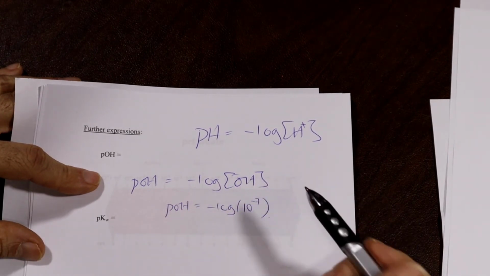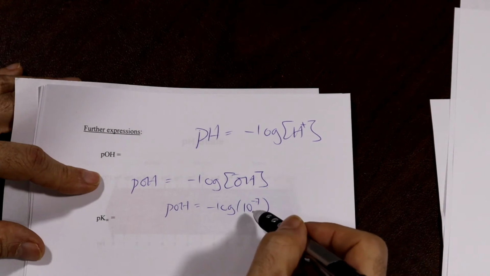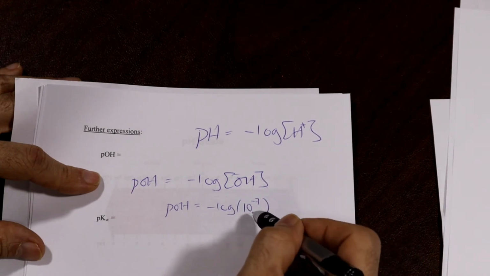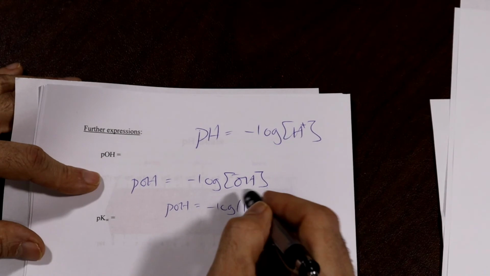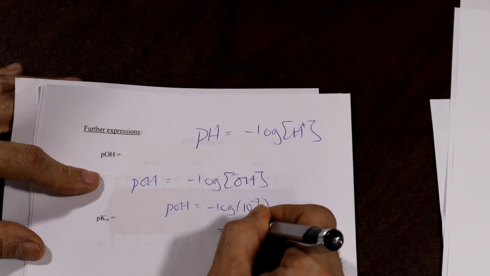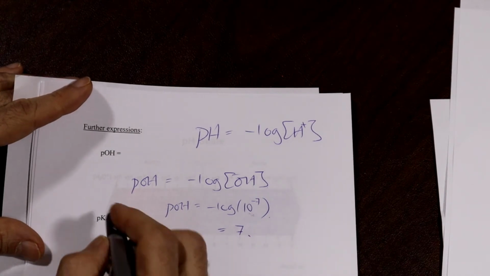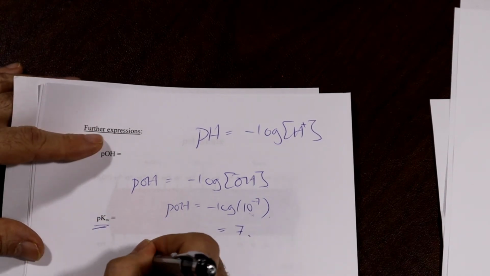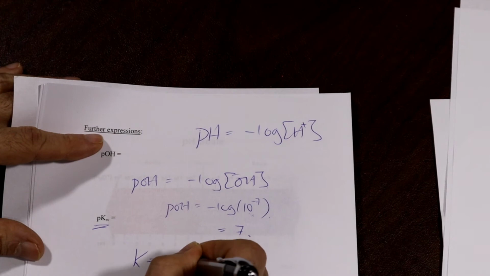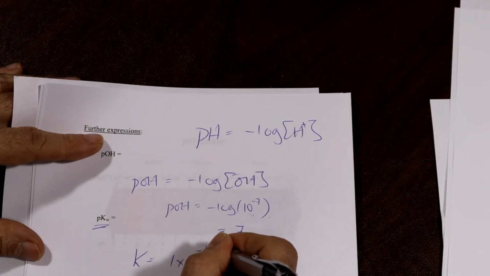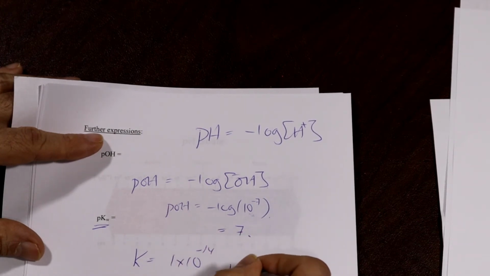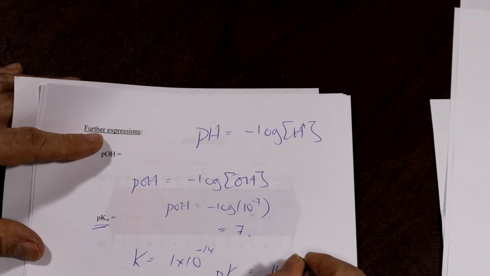Remember what we just did? In a neutral solution, concentration of acid equals concentration of base, 10 to the minus 7. Minus log of that equals 7. pKw, well, Kw equals, I'll just do it in scientific notation, 10 to the minus 14. So pKw, take the minus log of that, what'd you get? Equals 14.